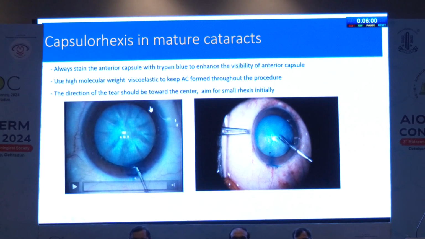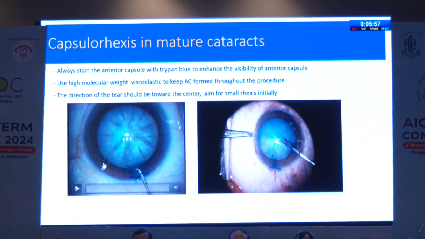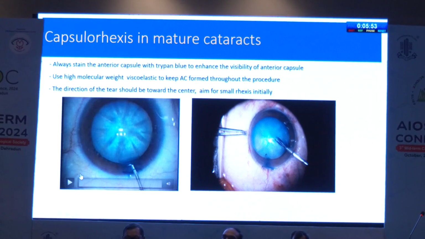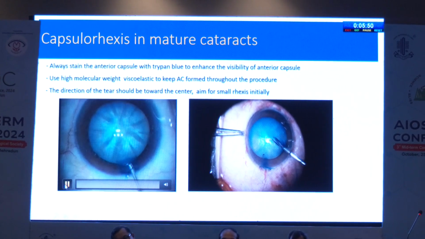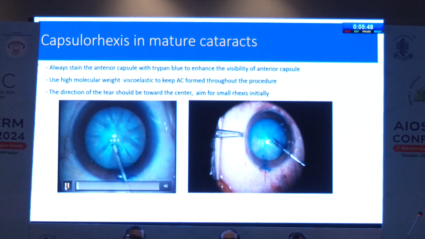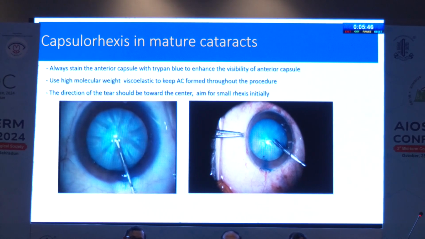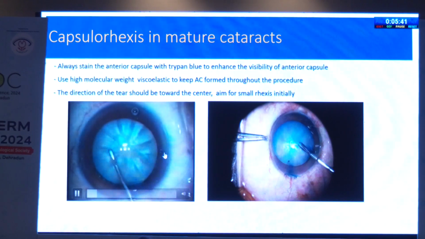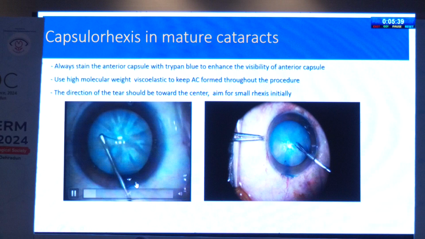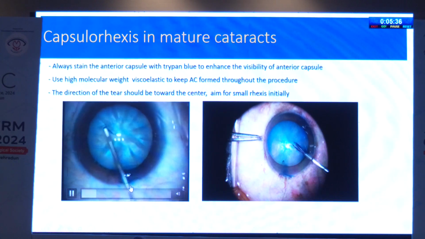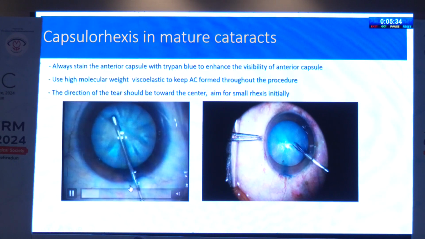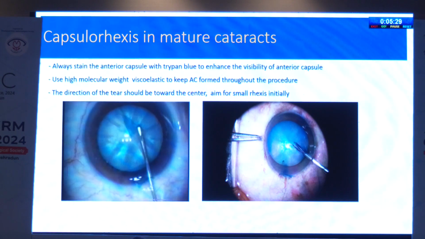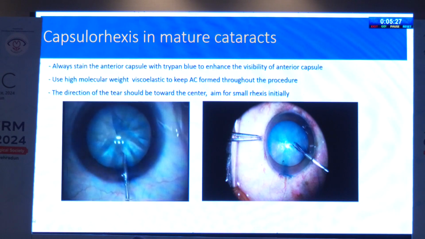While doing capsulorhexis in a mature cataract, always stain the anterior capsule with trypan blue. It enhances the visibility of the anterior capsule, and always use a high molecular weight viscoelastic to keep the AC formed throughout the procedure. Now in the first video, a very old video, I used to do capsulorhexis through the main incision, but the problem is that the capsulorhexis is going into the periphery.